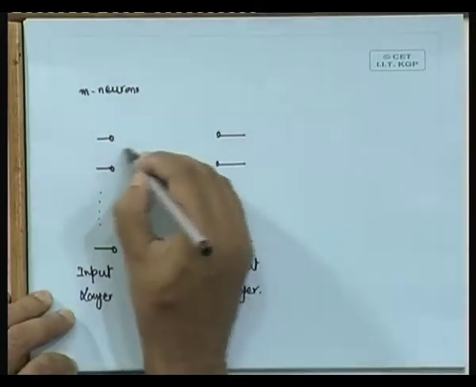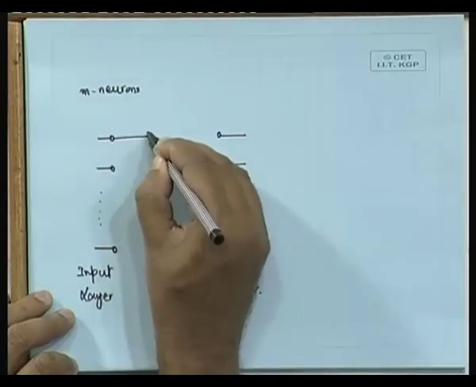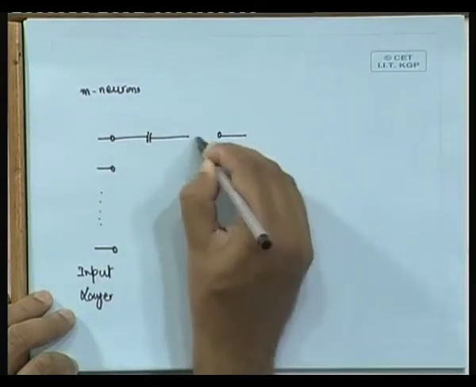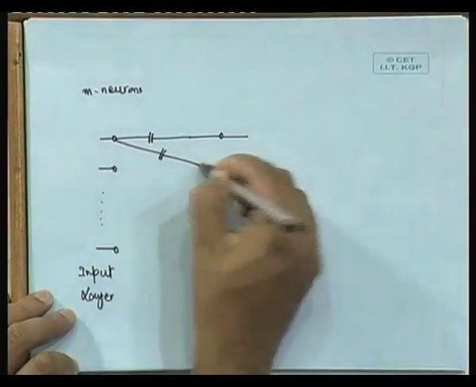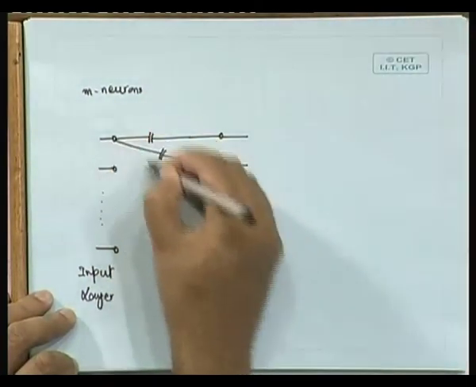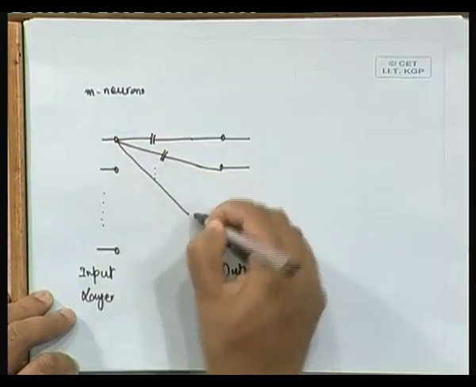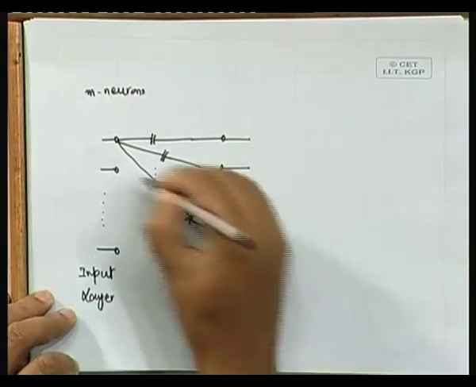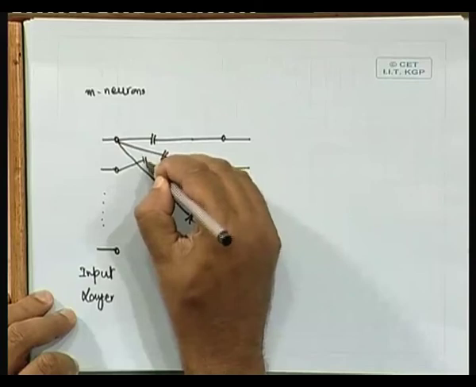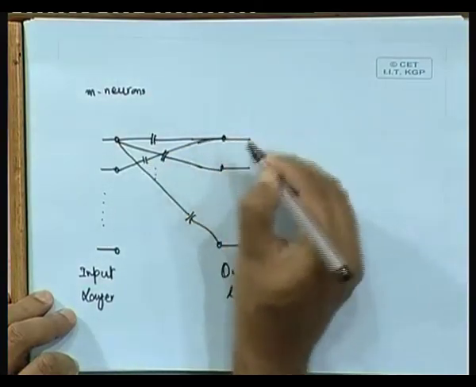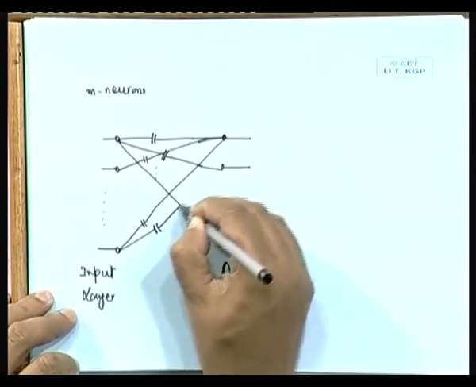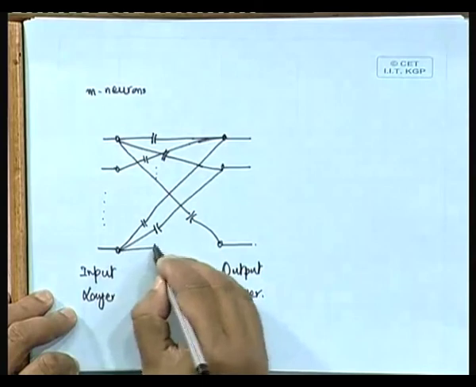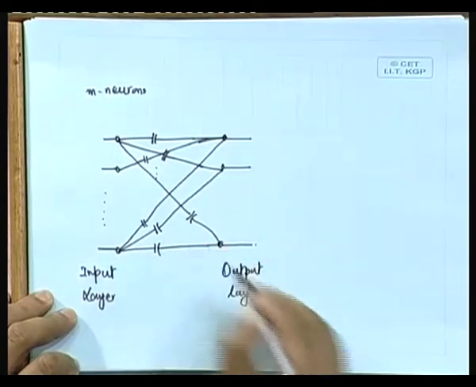So, all the synaptic junctions will be existing like this, supposing we indicate the synaptic junction in this manner. Like this.